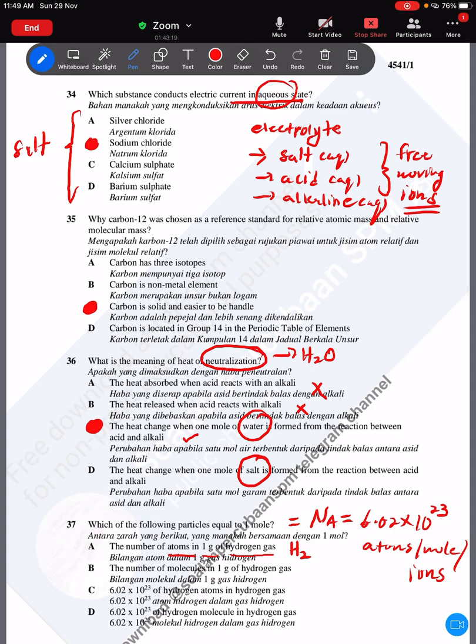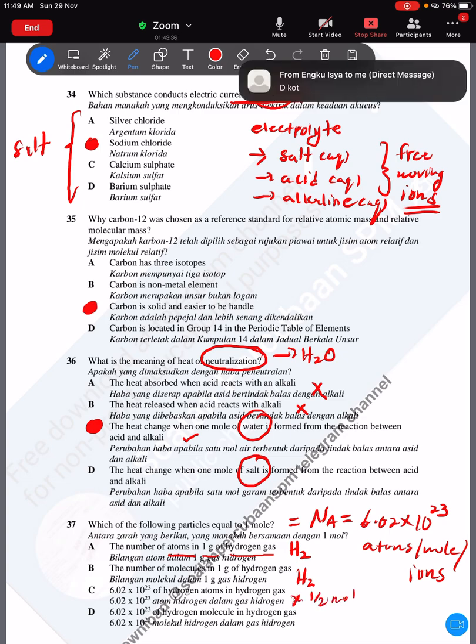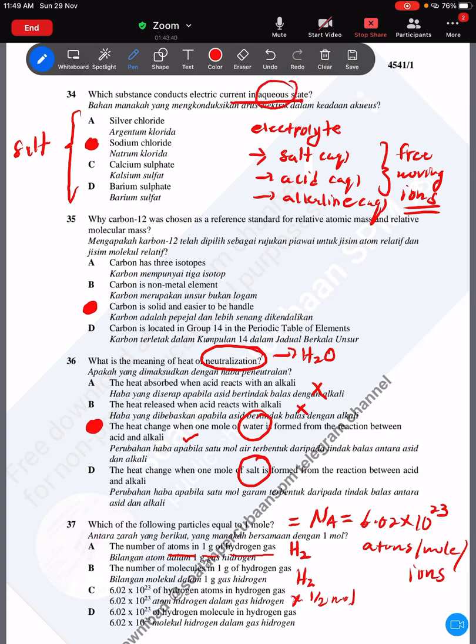So next one, number of molecule in 1 gram of hydrogen gas. Ini pun H2. Macam pelik. Sekejap. Number of 6.02 hydrogen atom in the, ini tak, ini half mole. Now, yeah, jawapan dia donkey. The right answer.